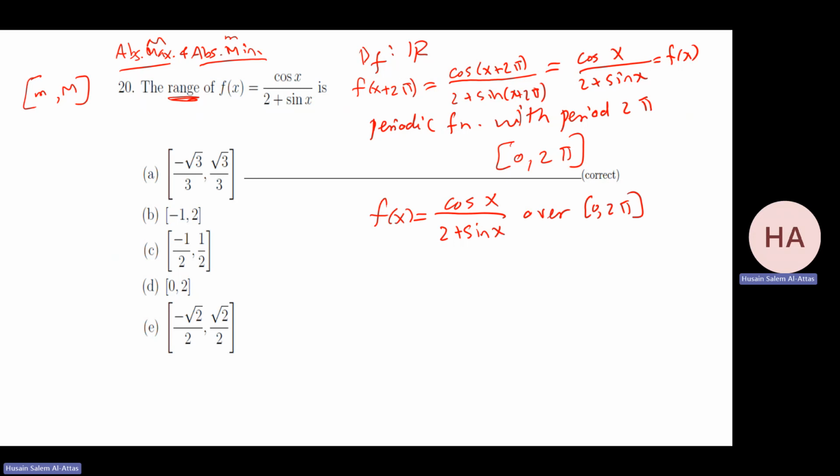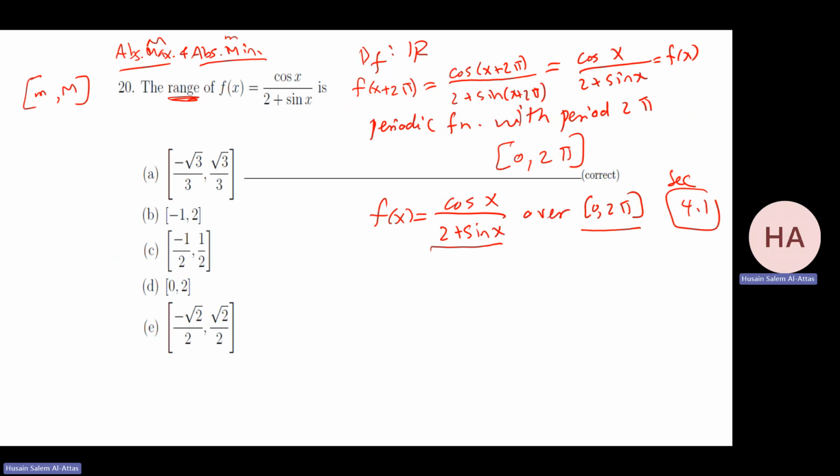There are 2 ways to solve it. One way is to try to graph the function, so I can find the absolute maximum and absolute minimum. Another way: this is a continuous function over a closed interval, so you can use the section 4.1 idea. I'll find the critical numbers, find f at the endpoints and at the critical numbers; the largest will be the absolute maximum, and the smallest will be the absolute minimum.